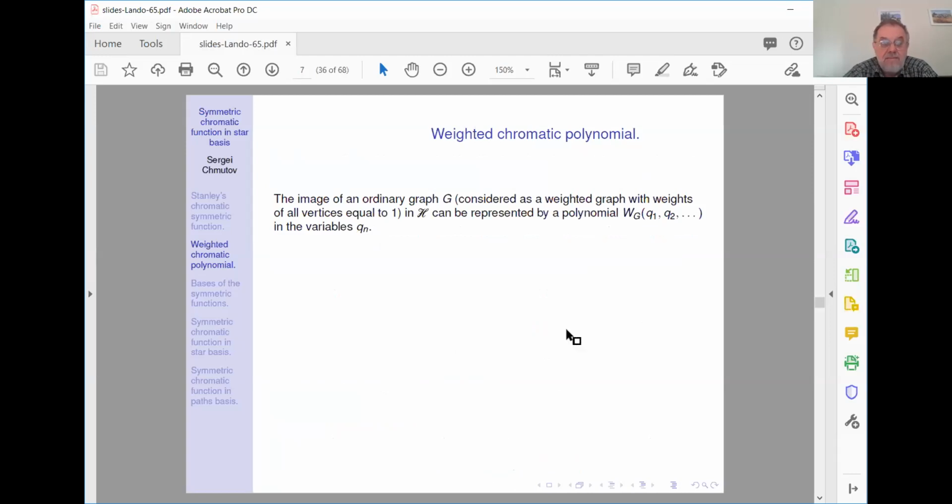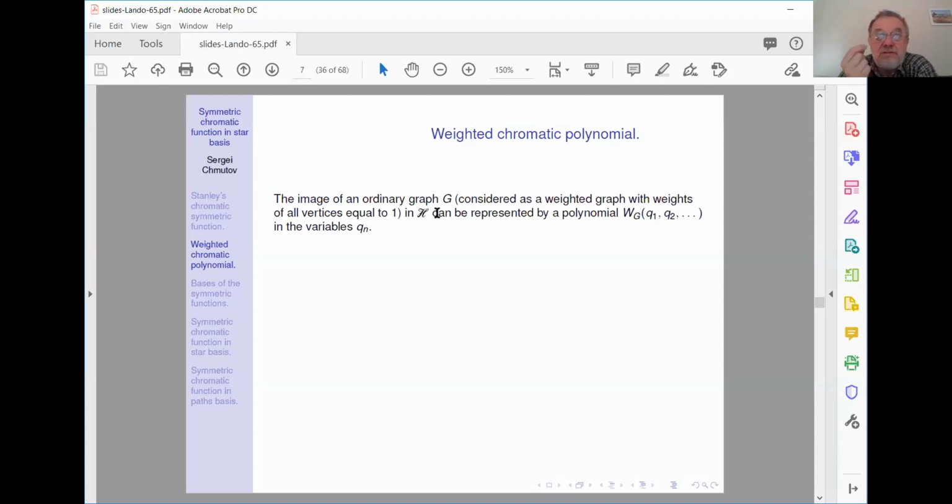And now, if I take a graph and consider it as an element of this Hopf algebra, that means modulo this contraction-deletion relation, I get an element of the Hopf algebra H, and as such it can be represented as a polynomial in variables corresponding to the basis in the primitive space.